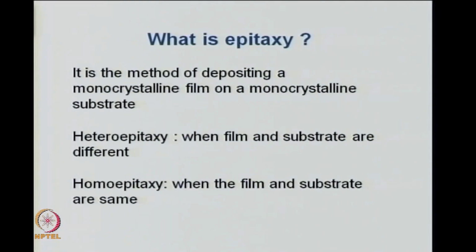When the film and substrate are different, it is called heteroepitaxy, and when the film and the substrate are the same, then you call it homoepitaxy. So, epitaxy can be homoepitaxy or heteroepitaxy.